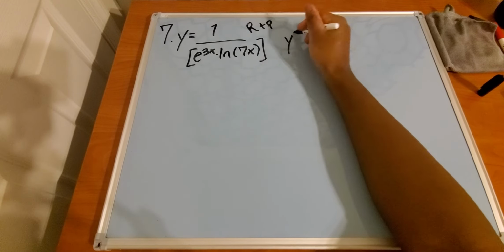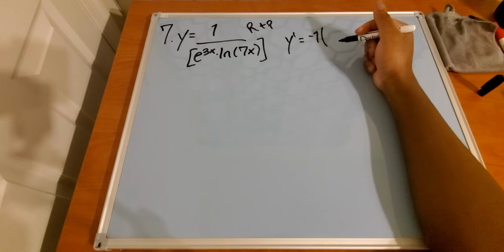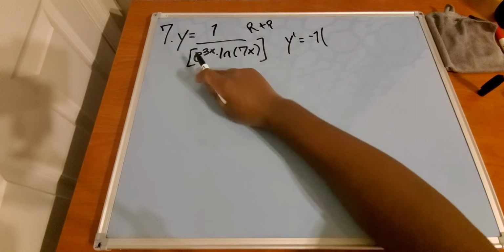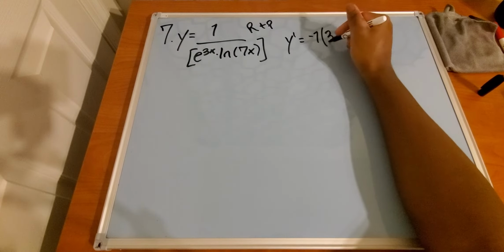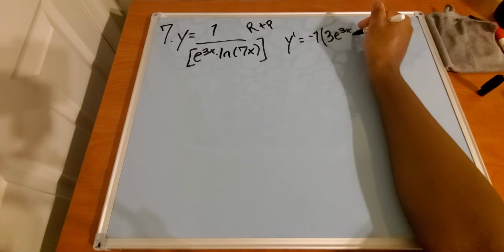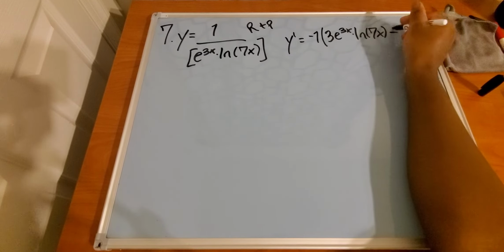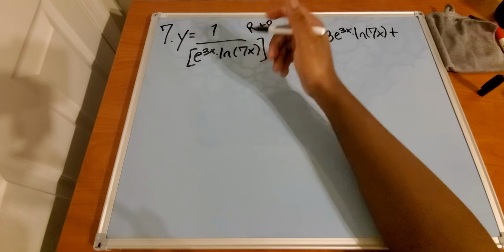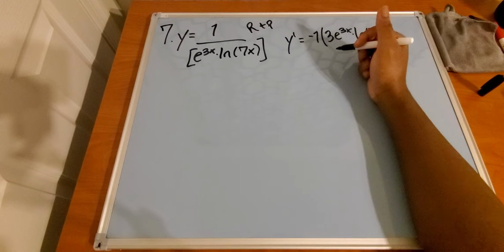So the first derivative of this will be equal to -1 times the derivative of the denominator function. Well, it's a product rule. So derivative of the first function, the derivative of e to the 3x is 3e to the 3x times the second function, natural log of 7x, plus the derivative of the second function, the derivative of natural log of 7x is 1 over 7x times 7, which is 1 over x.